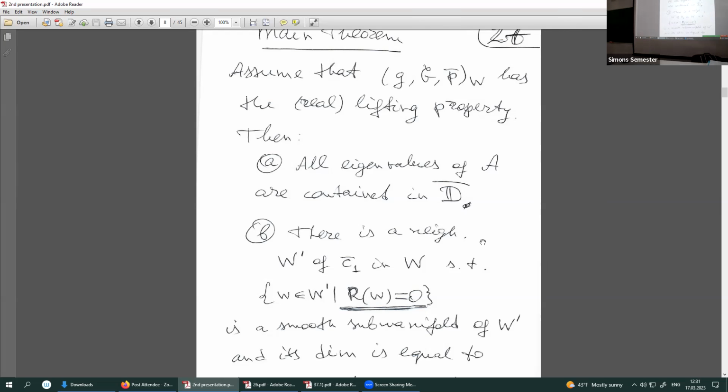Okay, so I left the best part to the end. I'll try to give some ideas. This main theorem, not for the attracting and parabolic periodic setup, but for this first finite set.